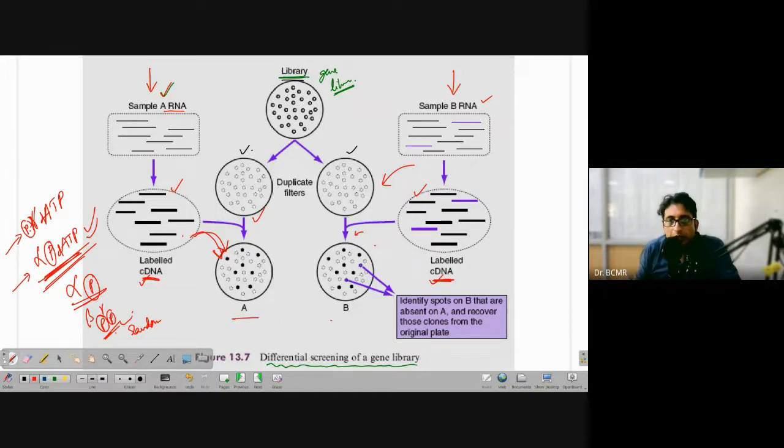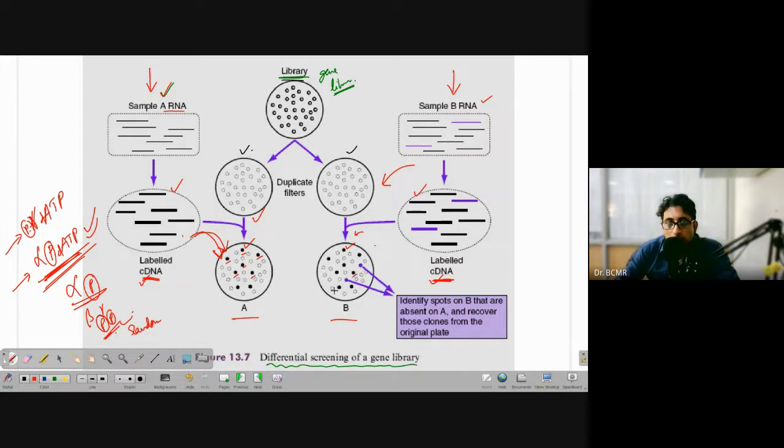Now the comparison starts. Say this gene that I'm pointing at, this one and this one are expressed in both, right? That means it falls in the category, probably it's housekeeping or some essential component for every cell. The same way you can identify that the majority of them are common in both.